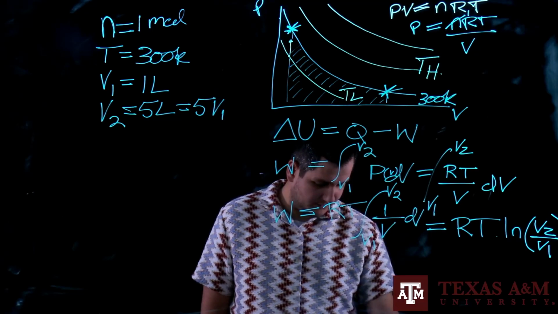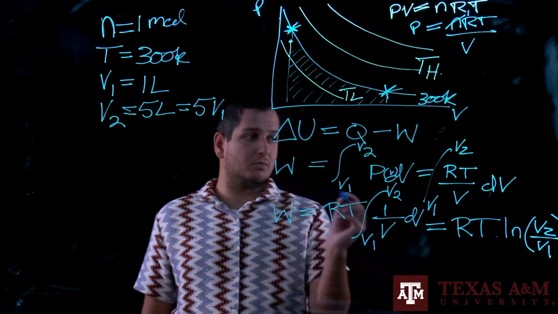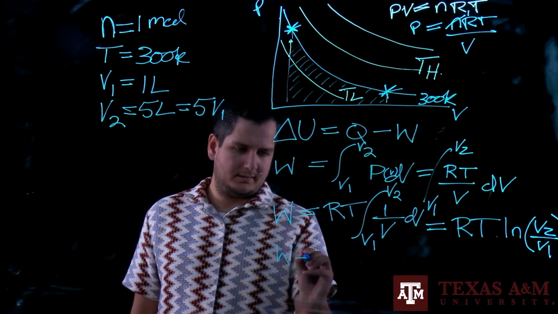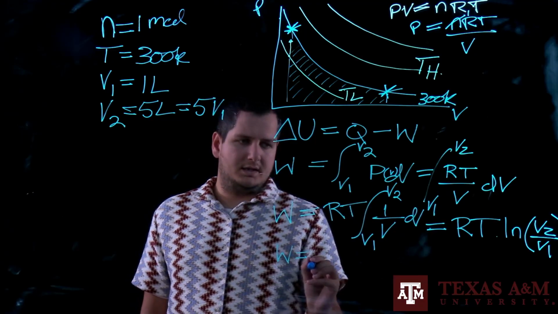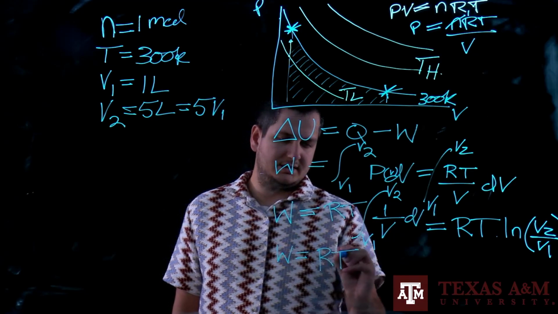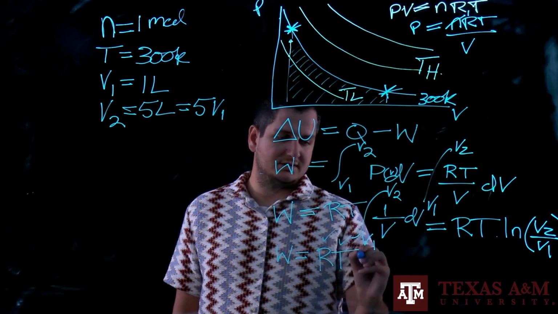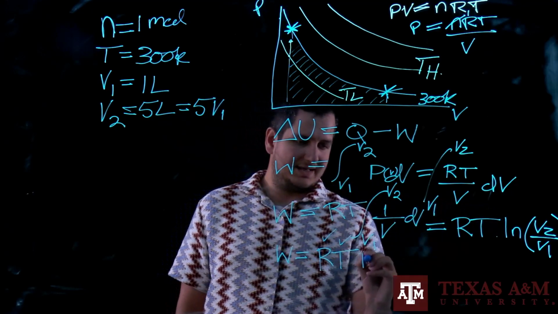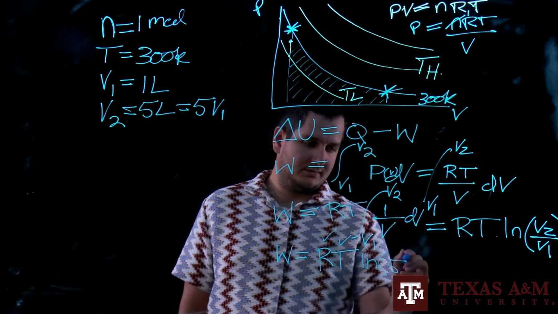And then what we can do next, that's work, right? So that's 1. Let's calculate the number. We end up getting RT, so R we know, T we know, this is 300K. If you do this simplification, you end up getting ln of 5, right?